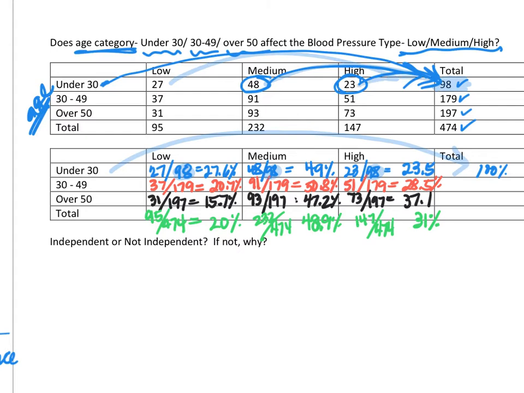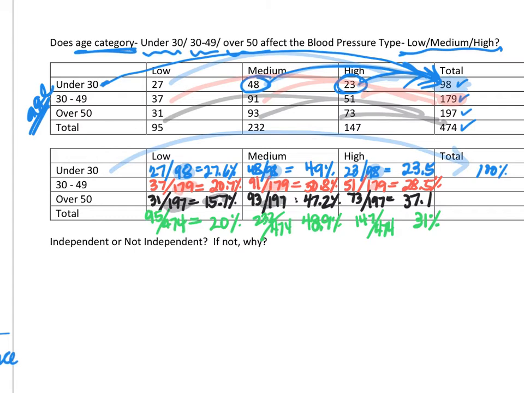Then I've got the red section, which is the 30 to 49, and my denominator is going to be that 179 every single time, and I'll be going from left to right. So 37 over it, 91 over it, and 51 over it, and so on. And so then, of course, your last one here was 197 as the denominator going from left to right. Now, this is very important.